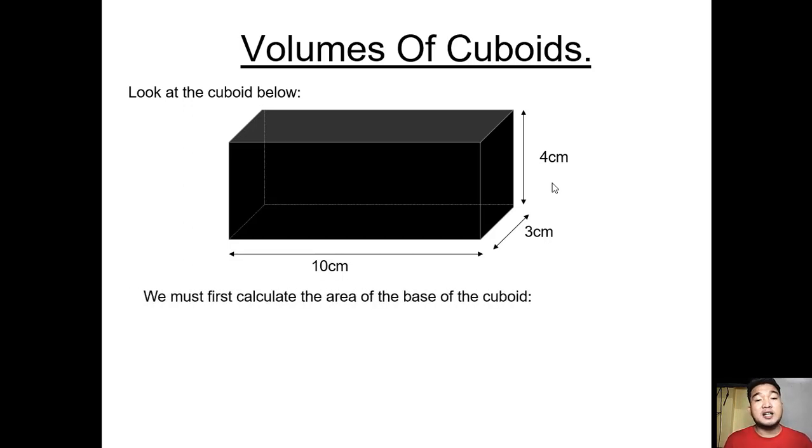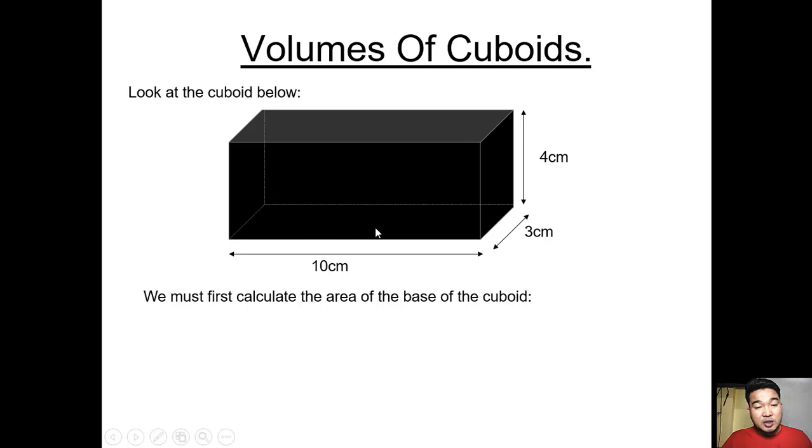So we must first calculate the area of the base of the cuboid. So in this case, in a rectangular prism like this, our bases are the top and the bottom part, a rectangular part at the bottom and a rectangular part at the top of the prism. So we have to first calculate the measurement of the area of our base. Since these two bases are just congruent, we just choose one.